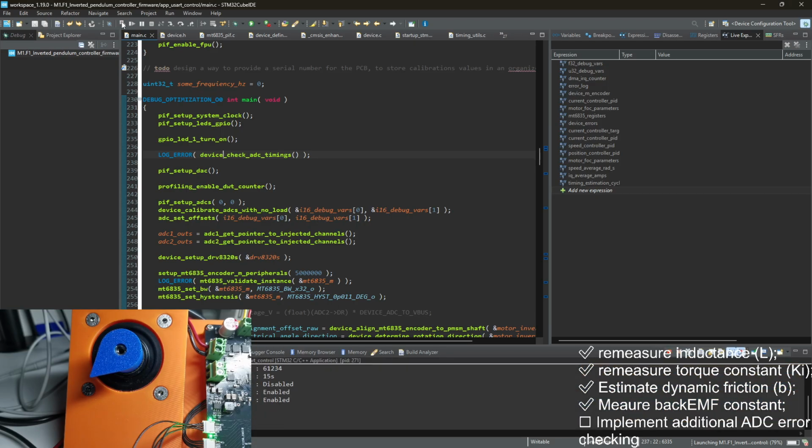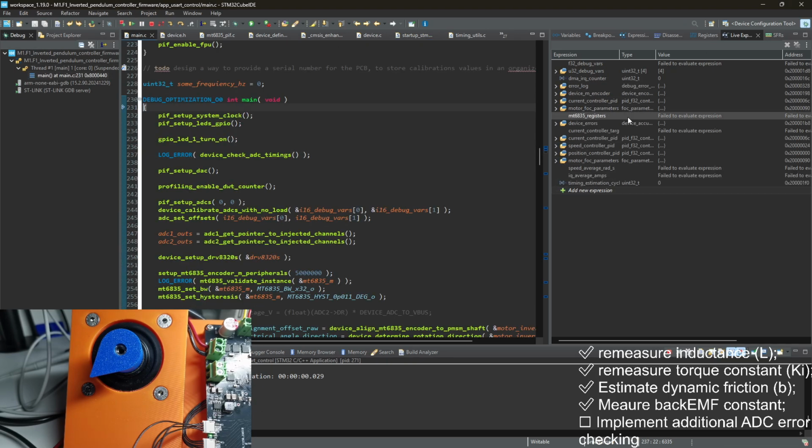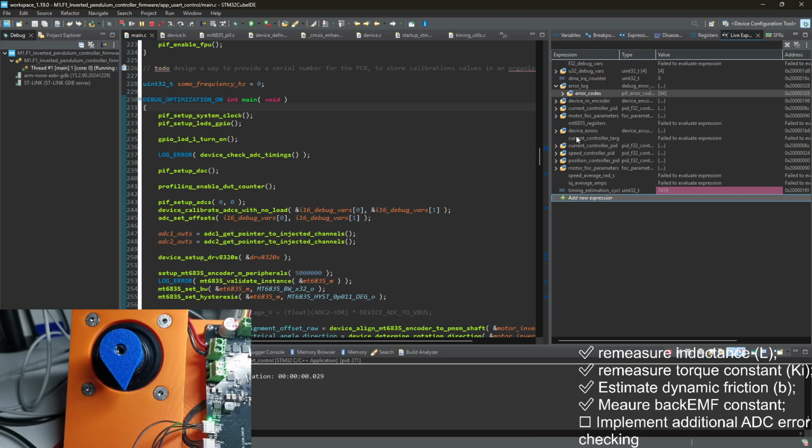It should be within our boundaries that we set up. Let's see. Yep, we are very close. Oh, but we are kind of stuck. We still will have an error. Right?